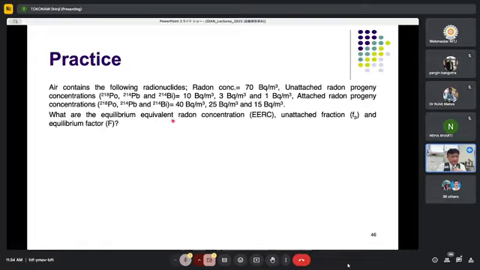What are the equivalent equilibrium radon concentration EERC, unattached fraction Fp, and equilibrium factor?